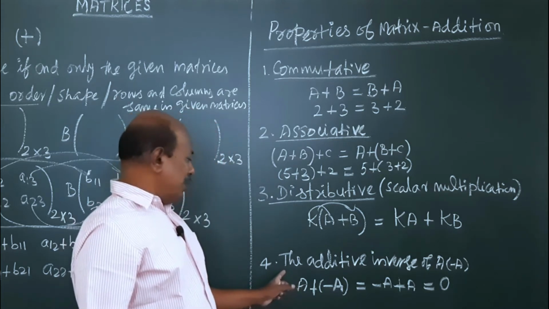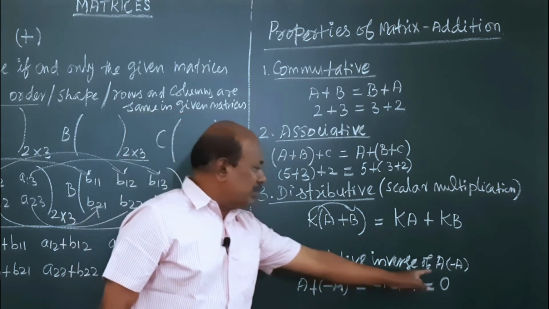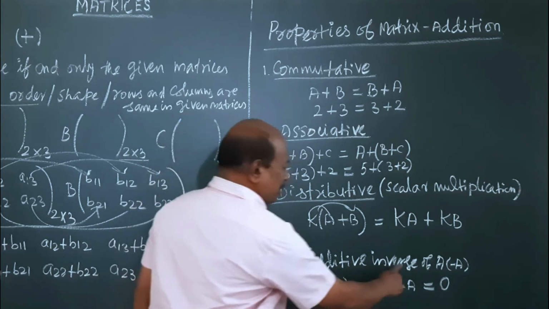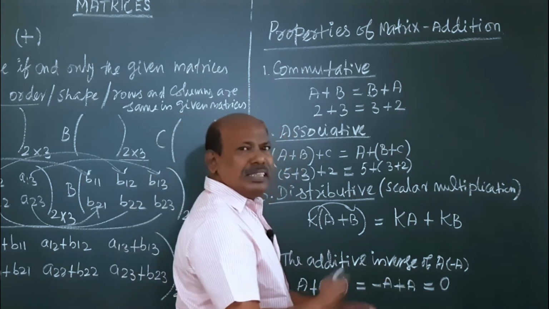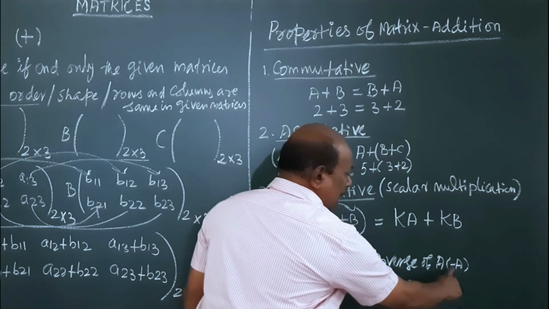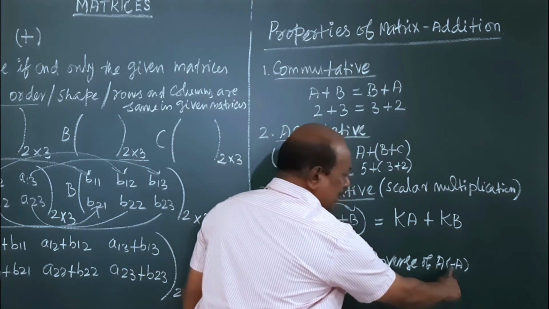Then the next property, the additive inverse of A. You see, the additive inverse means changing the sign. For A, the additive inverse is minus A, negative.